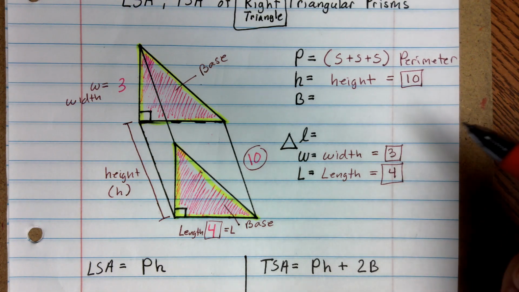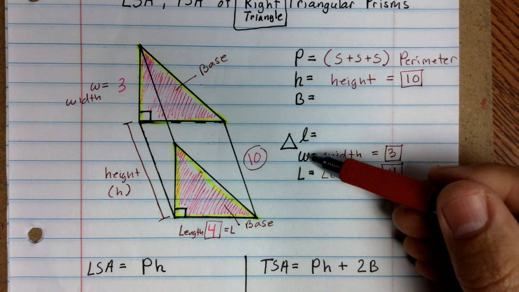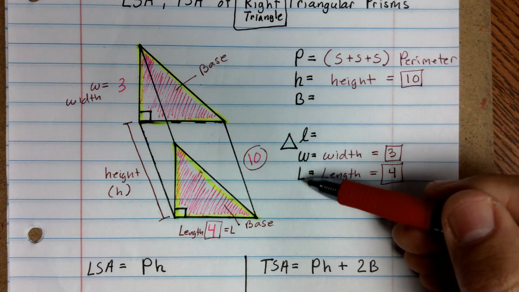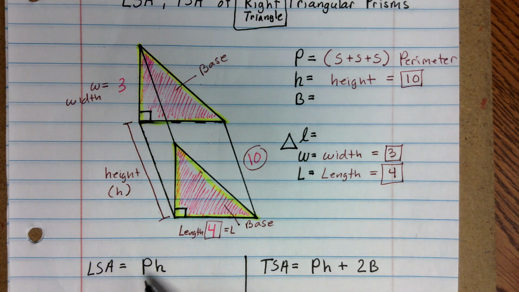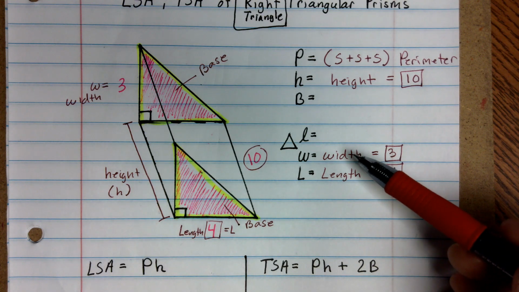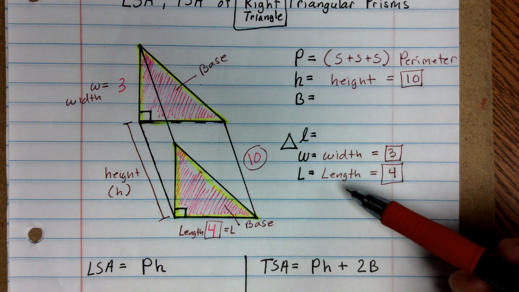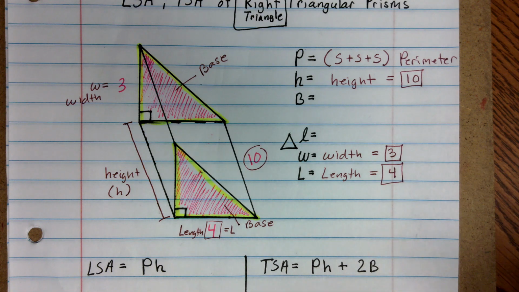Often, a lot of times, they refer to this as the base and the height, but I don't like using the variables b and h, because when we use those, it may create some confusion with the h and the b we already have in the formula. So whenever I'm solving for surface area, instead of calling it base and height, I call it length and width.